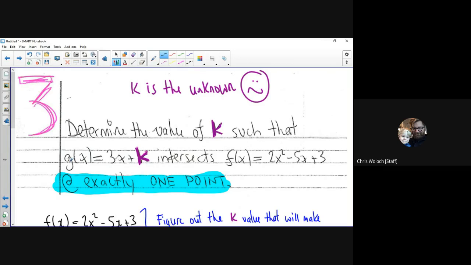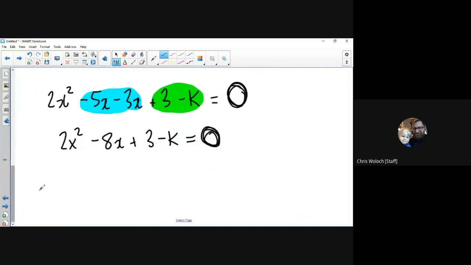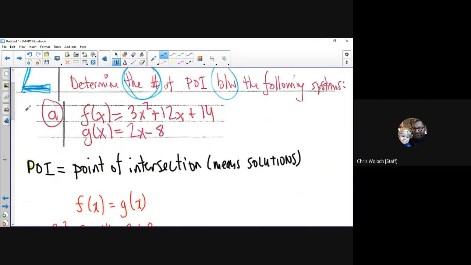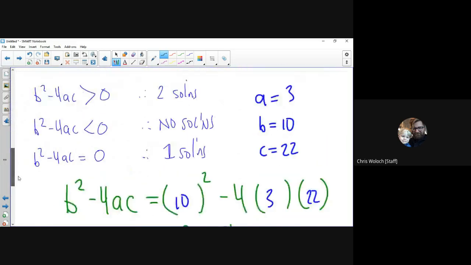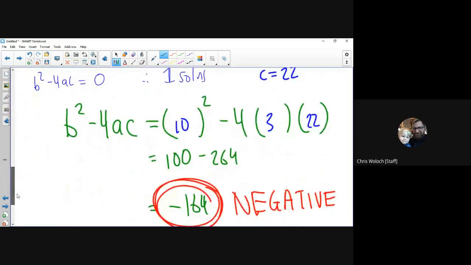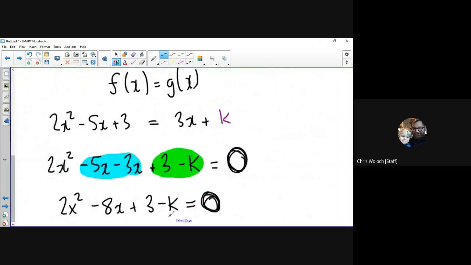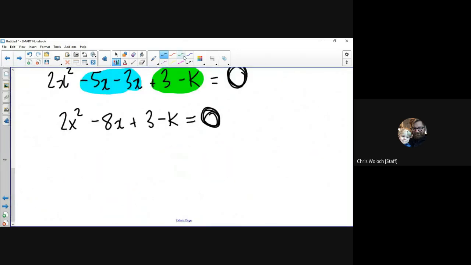It wants the k value that will make these two cross at exactly 1 point. So what do we do in this example to figure out how many times these two things crossed? Well, we just use a discriminant. All right. So here we're going to use the discriminant.